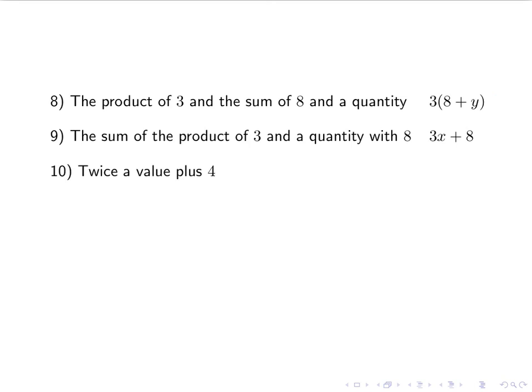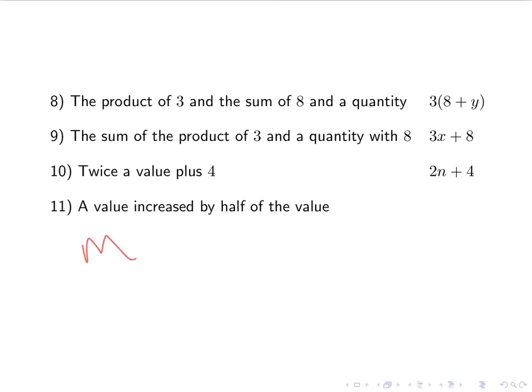Twice a value plus 4. Twice means 2 times. So I'm going to take a value, I'm going to call it n, and I'm going to multiply by 2, and then plus 4 is plus 4. A value increased by half of the value. So I choose some letter to represent a value. I'll call it m. So there's a value.